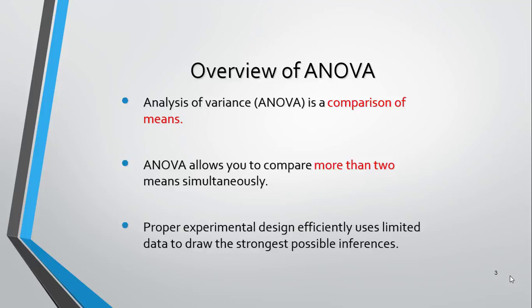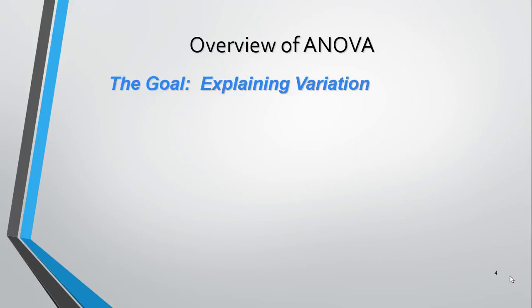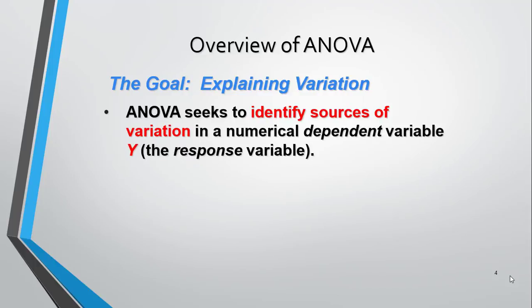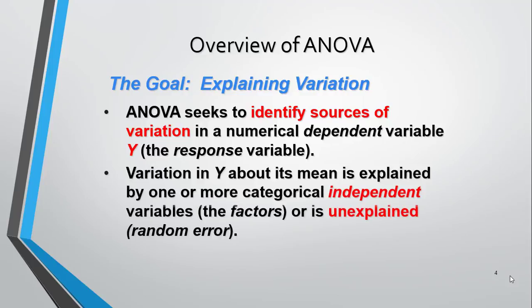Proper experimental design efficiently uses limited data to draw the strongest possible inferences. It's quite powerful. The goal of ANOVA is explaining variation. ANOVA seeks to identify sources of variation in a numerical dependent variable y.